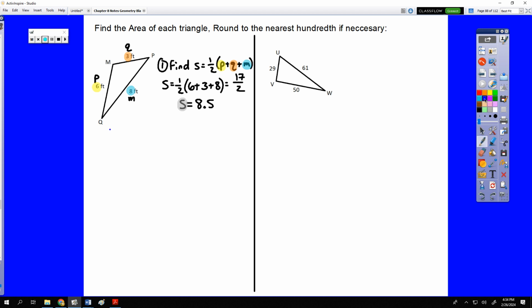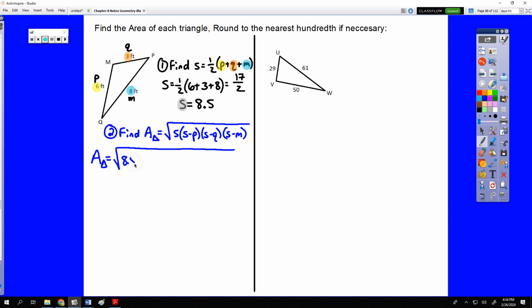Step 2 is then to find the area of the triangle. In this case, we would take the square root of the semi-perimeter times the semi-perimeter minus P times the semi-perimeter minus Q times the semi-perimeter minus M. So that would be the square root of 8.5 times 8.5 minus 6 times 8.5 minus 3 times 8.5 minus 8.